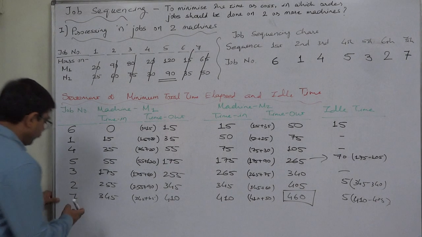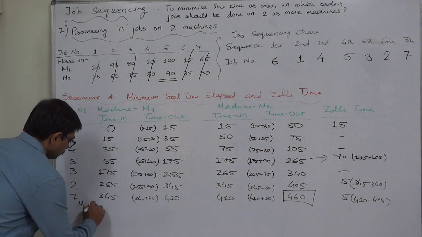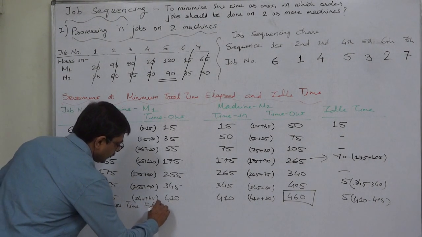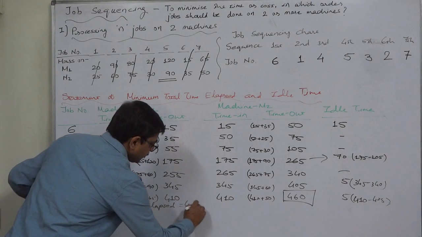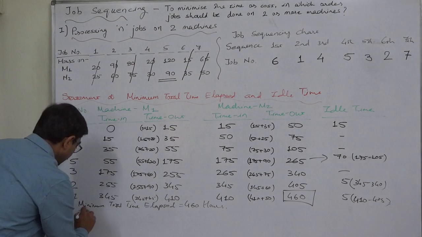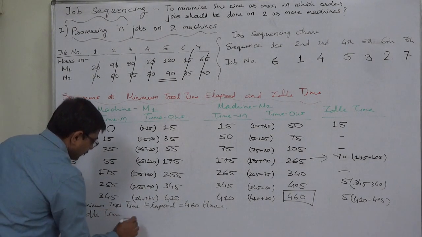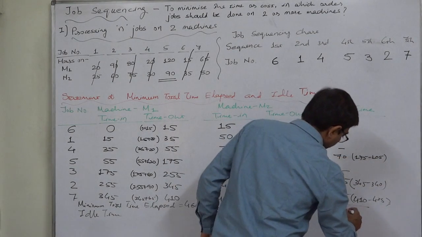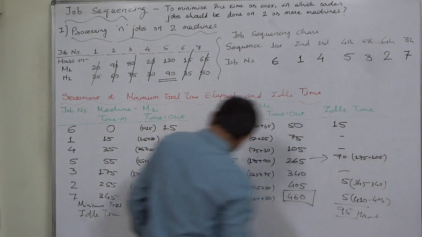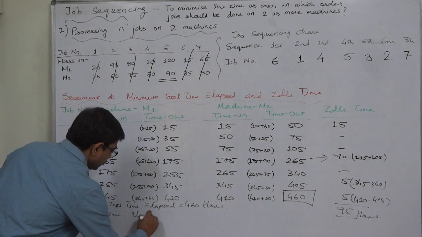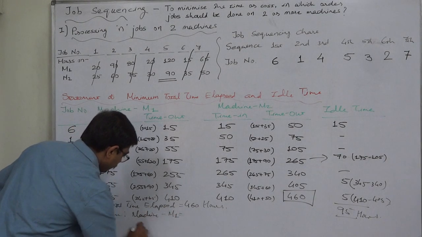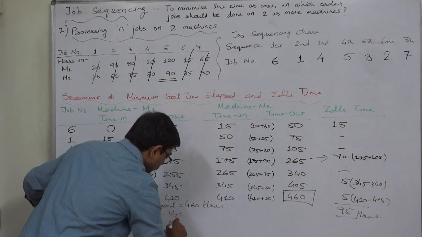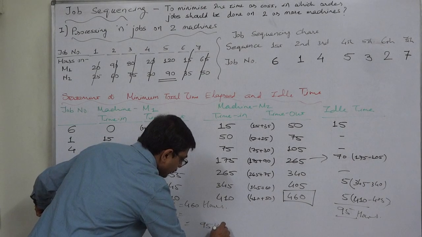Now, first of all, the minimum total time elapsed equals 460 hours. Idle time on machine 1 we are going to calculate, and on machine 2 we have already found through that column, 95 hours.